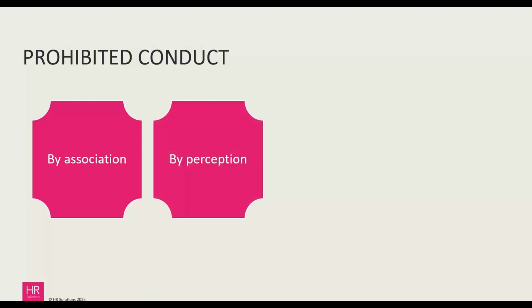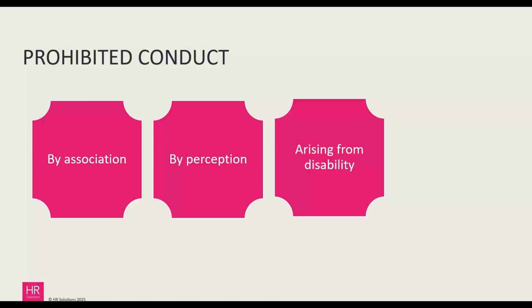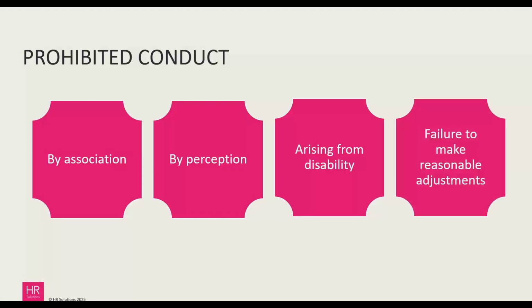There's also discrimination by perception, which again is a form of direct discrimination. It's when somebody is discriminated against because others think that they have a protected characteristic, even if they don't. You then have two further forms of discrimination relating to the protected characteristic of disability.